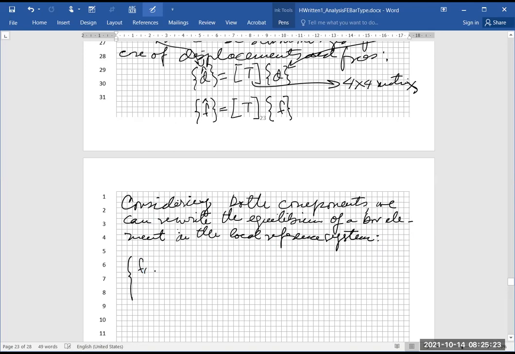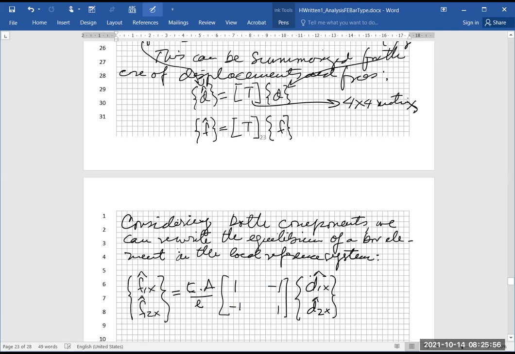We had F1 local, F2 local, and that was equal to EA over L, and then here we have 1, minus 1, minus 1, and 1. And that's multiplied by the displacement of both joints. Of course, we were considering only one single direction.